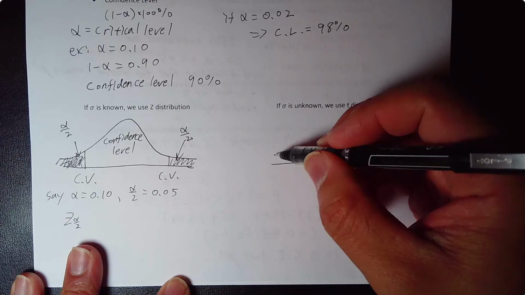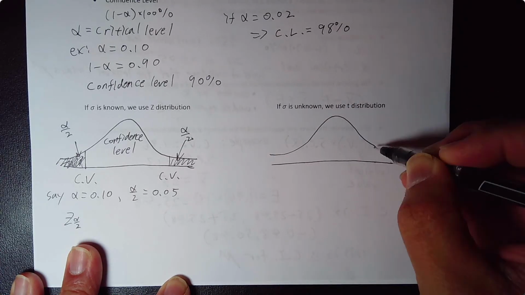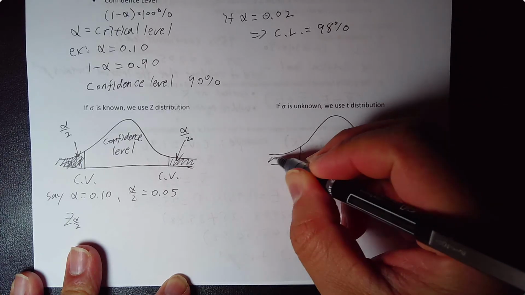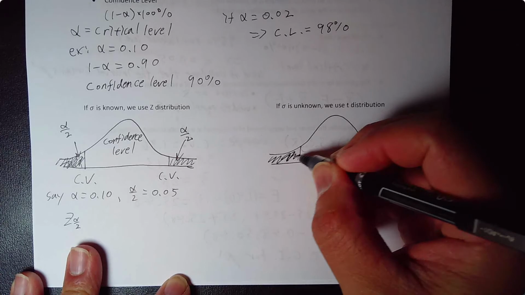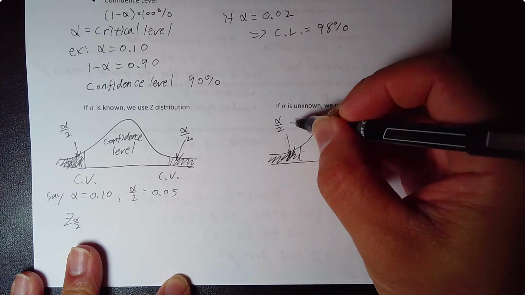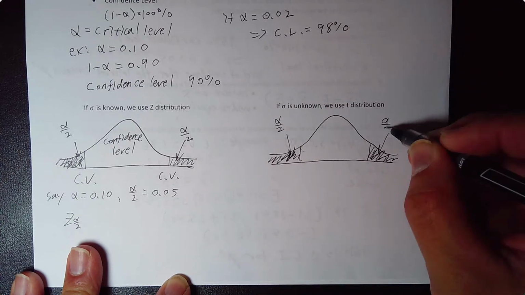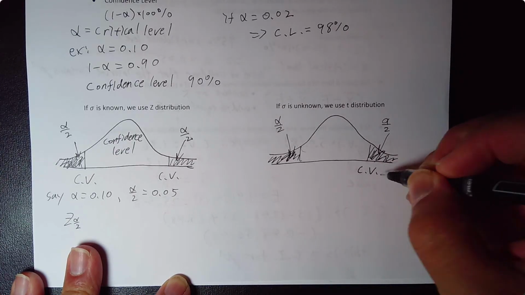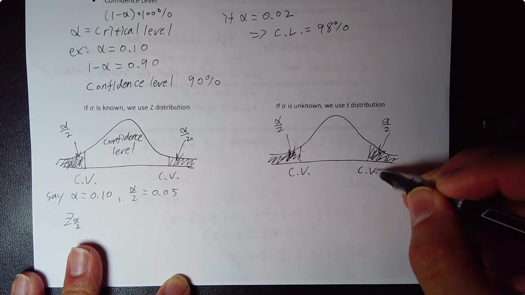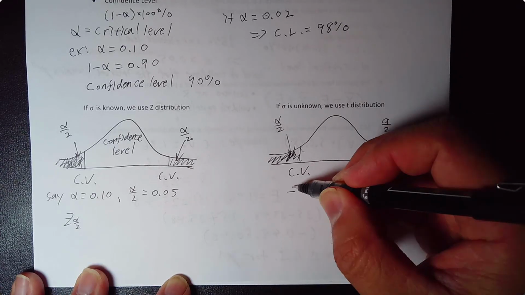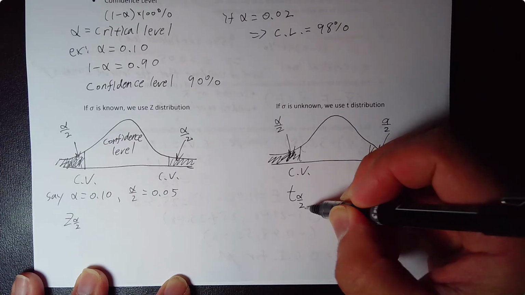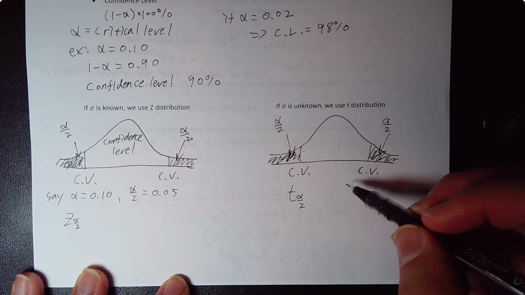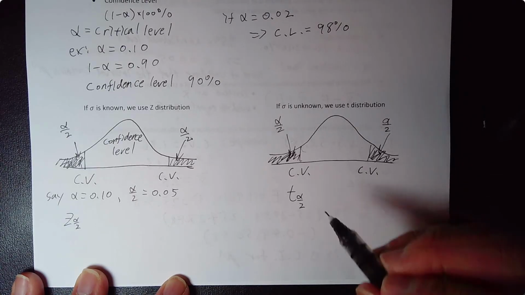We will take alpha, our critical level, divided by 2, and allocate the area in these tails, and the critical value will still be this number here. That will be indicated with t of alpha over 2. That's going to be our critical value. So this is a critical value of t, and this is the z critical value.